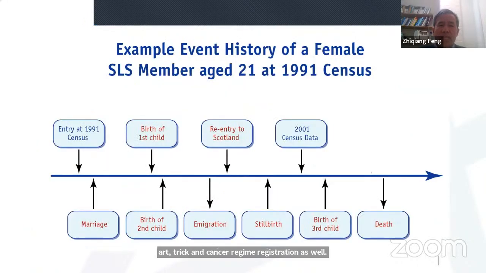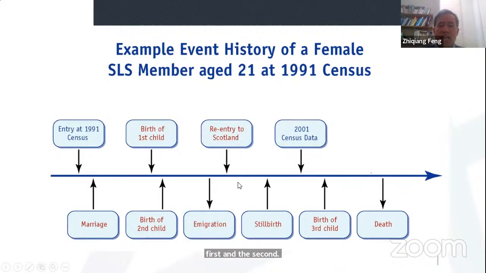Here is a simple example just showing a female member, for example, age 21 at the 1991 census, and her information will be kept in the database. For example, she got married and then gave birth to a first and second child, then moved out of Scotland and re-entered Scotland, and then unfortunately had a stillbirth.